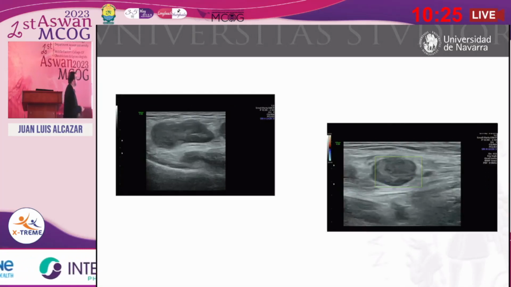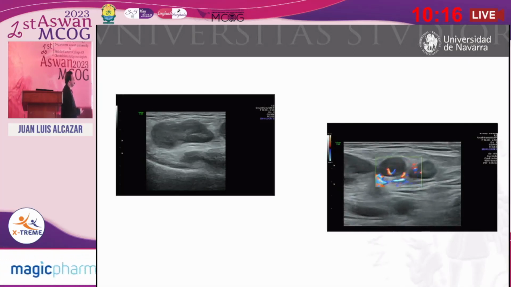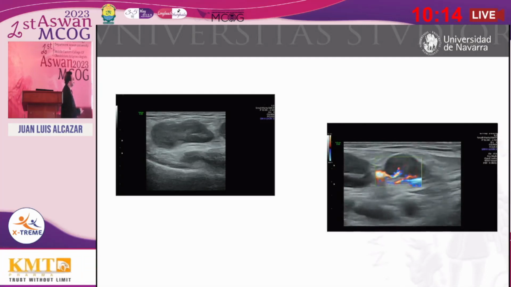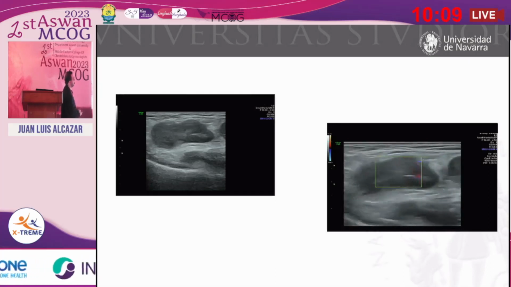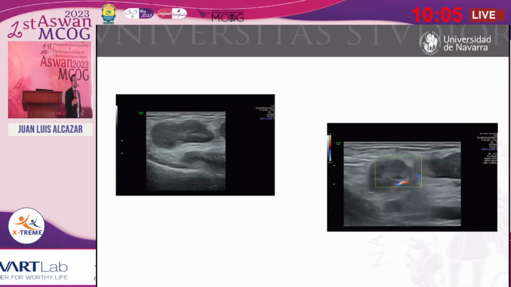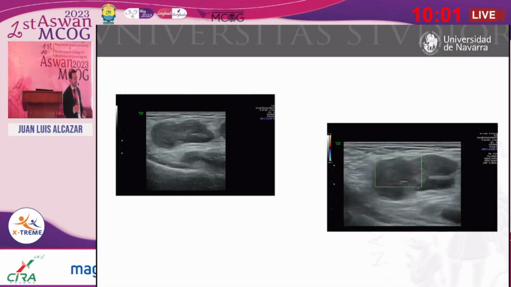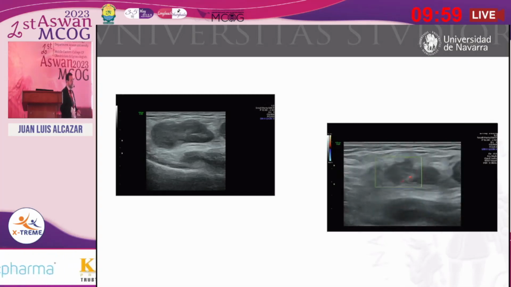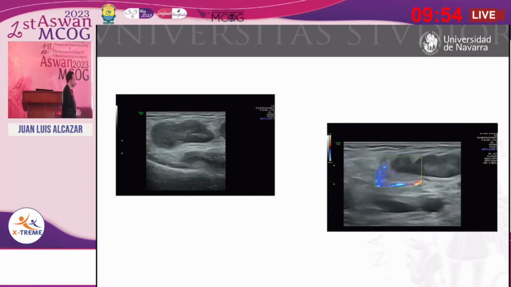However, when you have these lymph nodes with no medulla, or like this, you see this high vascularization, several confluent nodules, these are nodules highly suspicious for malignancy. You can palpate the nodules, especially if they are in the superficial area of the groin. But when you look at the deep area of the groin, sometimes it's going to be very, very difficult.